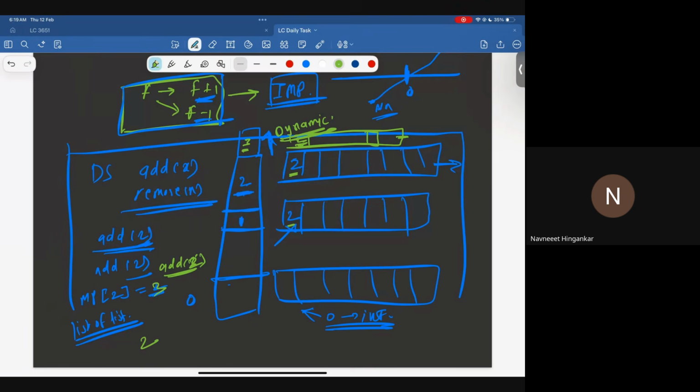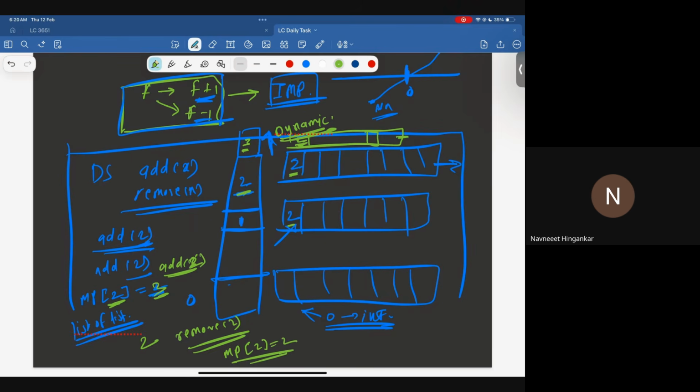Now let's say I remove 2. What will happen is I will not do anything in my data structure. What I will do is just decrement the count from the map. So the map of 2 becomes 2.